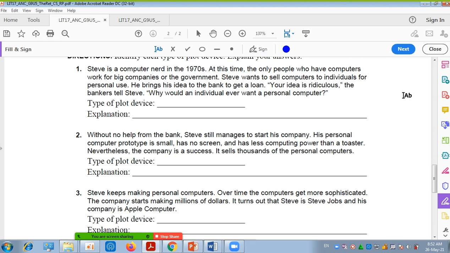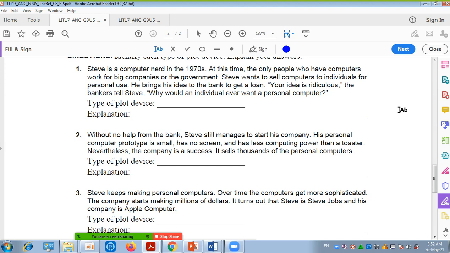Now, what device was used here? Situational irony. Why? Because it's unexpected. What's the unexpected thing? When the bank boss tells him that it is ridiculous, and why would an individual. Actually, this is what you are thinking with your mind during this time.